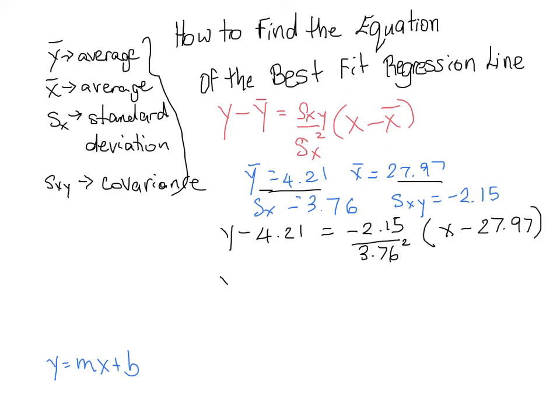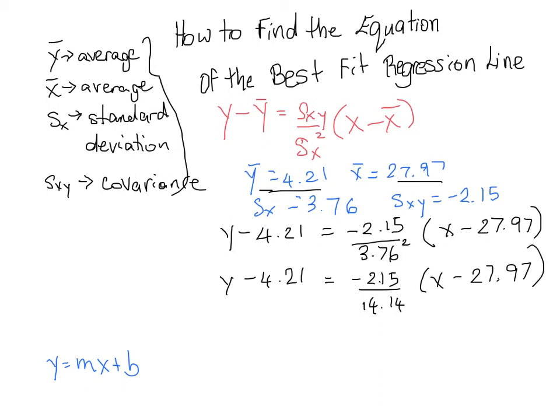The next step, I would say, is to simplify that fraction. So we have y minus 4.21, I'm not changing anything there yet, equals negative 2.15. Nothing there is changed. And now I'm going to square that 3.76. And when I square that 3.76, I get 14.14 approximately. We're just going to keep everything else the same, so x minus 27.97.